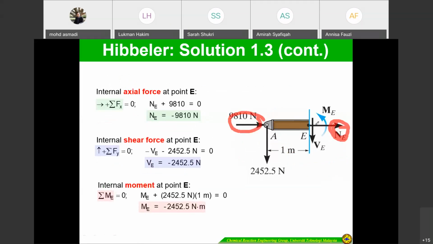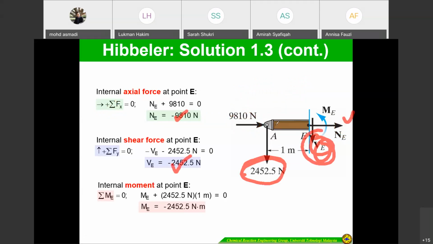Just total FX equal to 0. Then you can determine the total NE. Another one is VE, which is total Fy. Only one unknown, so you can determine it, and then we can determine more moments.